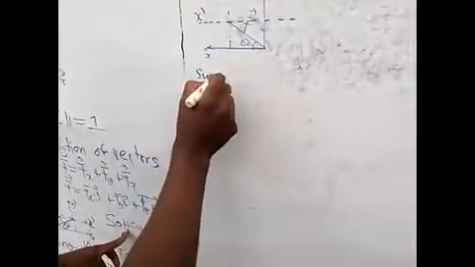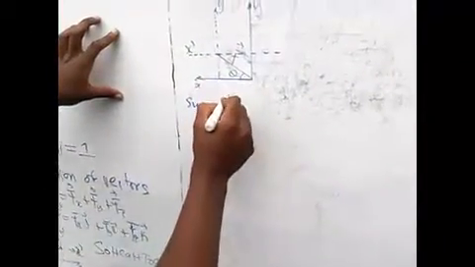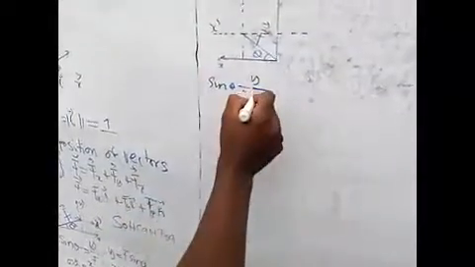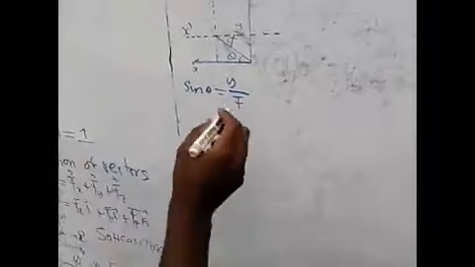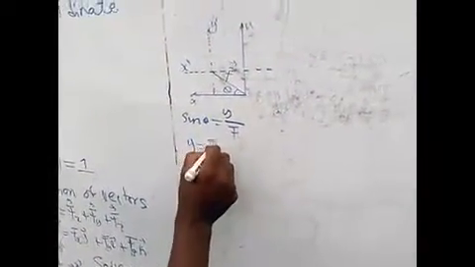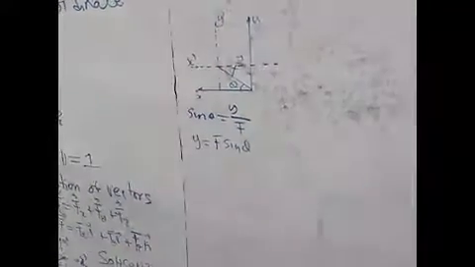Following the rule, sine of the angle is y, opposite on hypotenuse, y on F. So y will be equal to F sine theta.